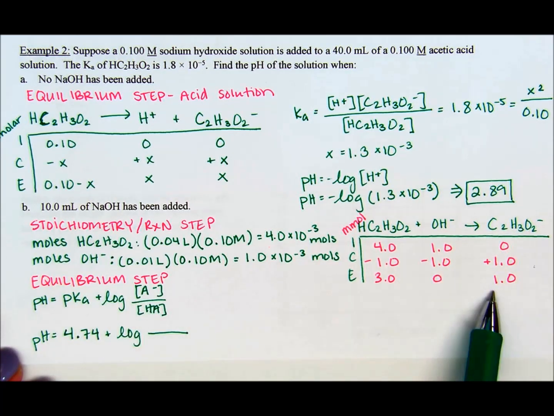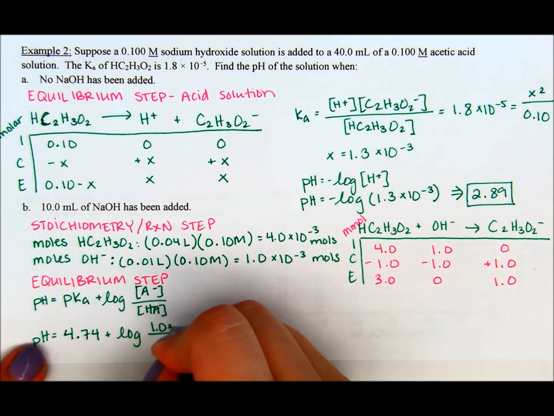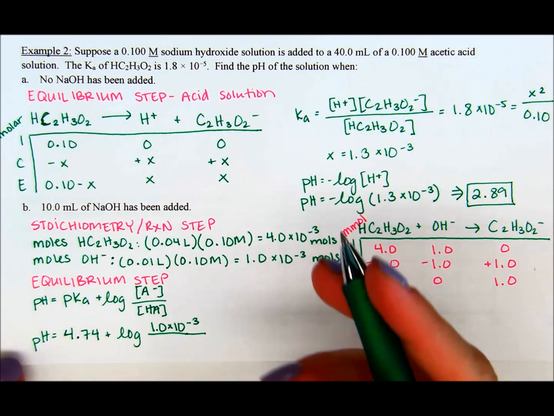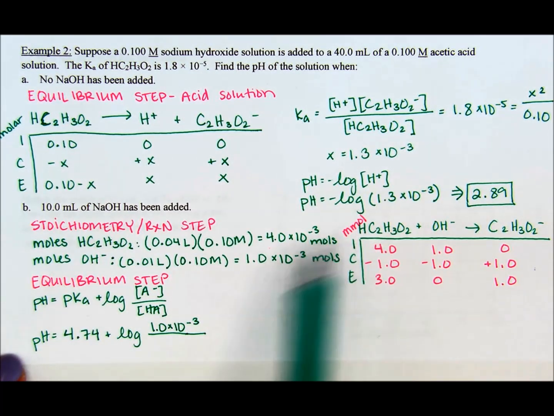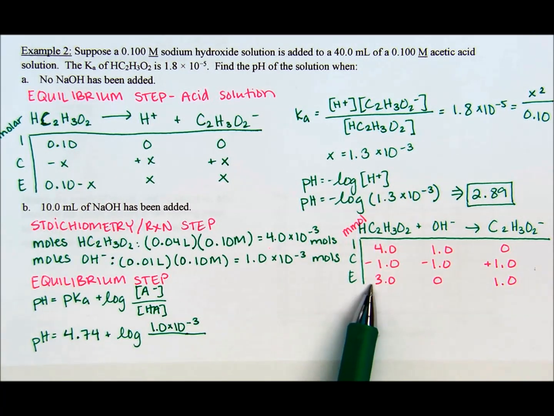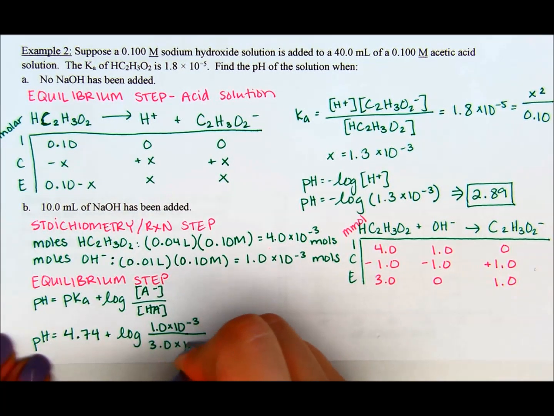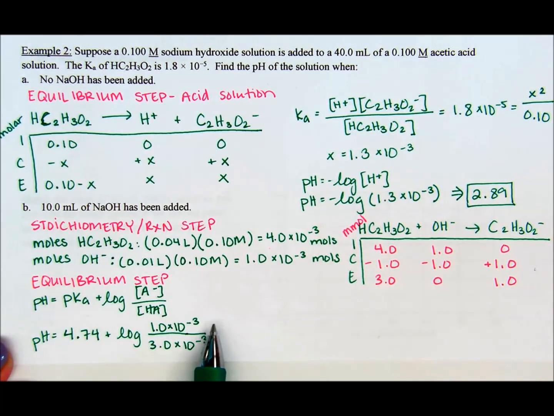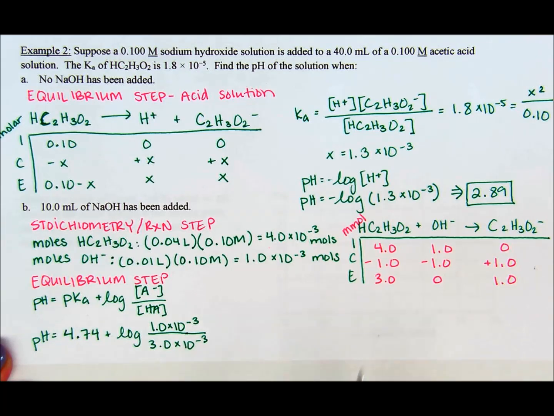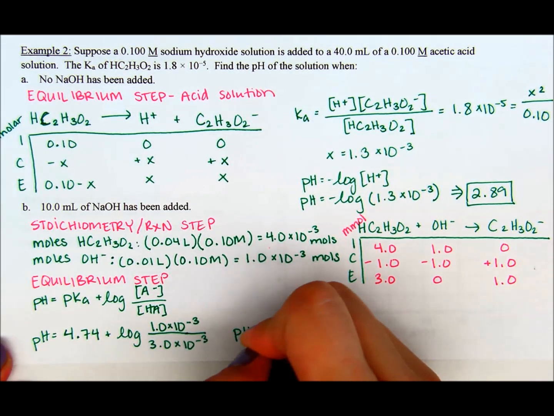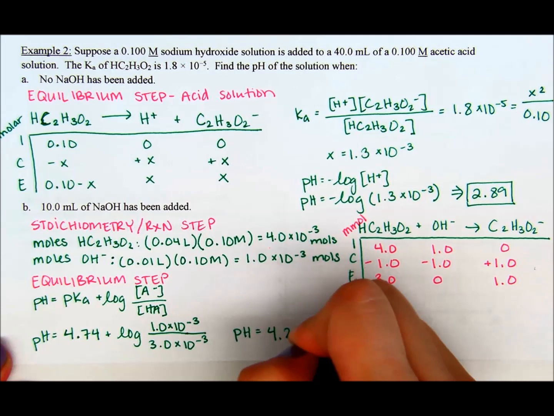So our A minus over here, our ending concentration, is 1.0 millimoles, which is 1.0 times 10 to the negative 3 moles, divided by the acid, HA, which is this acetic acid right here. So we have 3 millimoles, or 3.0 times 10 to the negative 3 moles. It doesn't really matter if you use moles or millimoles here, because as long as they're the same, they're going to go ahead and cancel anyway. So go ahead and take the log of this, add 4.74, and you should get that your pH is equal to 4.26.